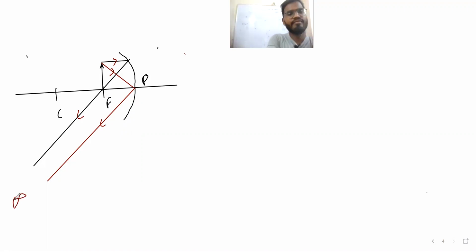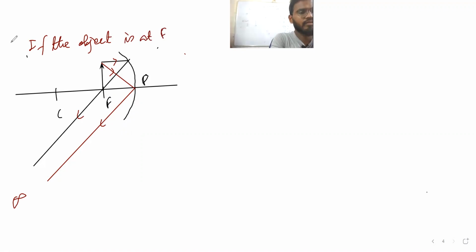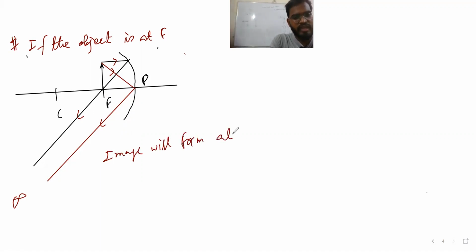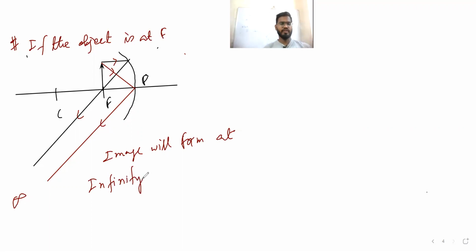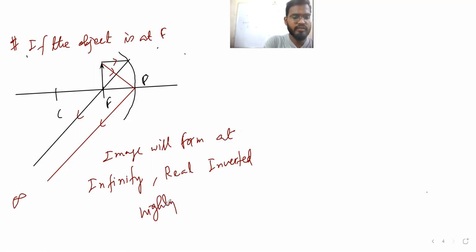So if the object is at F, then the image will form at infinity. There it will be real, inverted, and highly magnified.